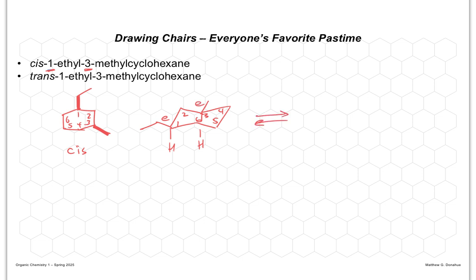Then if we ring flip it, those substituents have to both go to axial. So axial, and then axial. So A, and we look at that and we would say the left one is more stable.